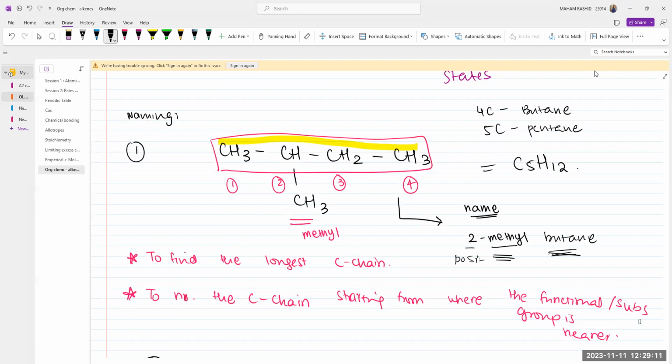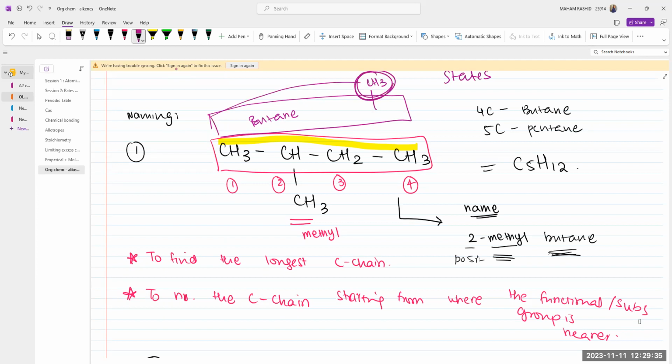Because to butane you add another CH3. So butane plus a methyl group, and that's how you're naming it.